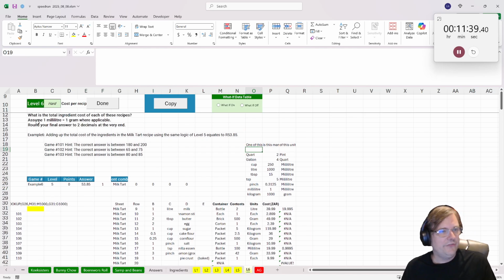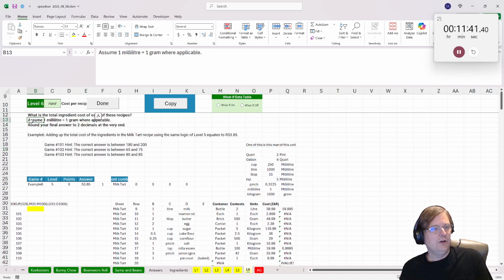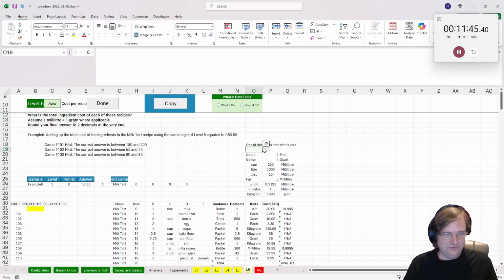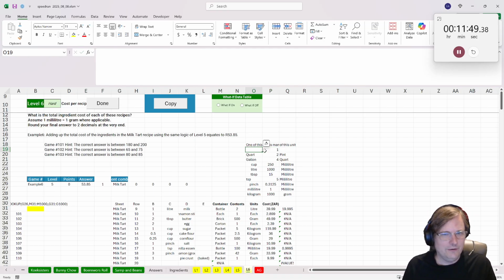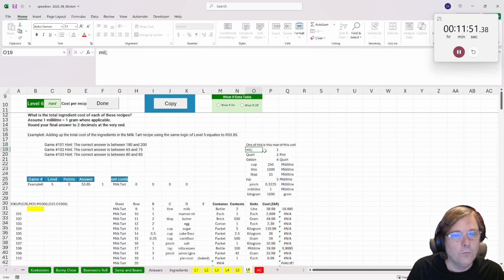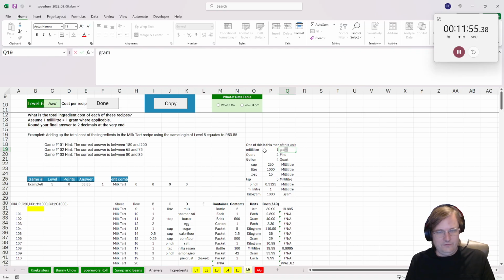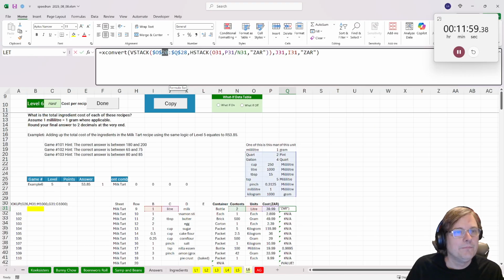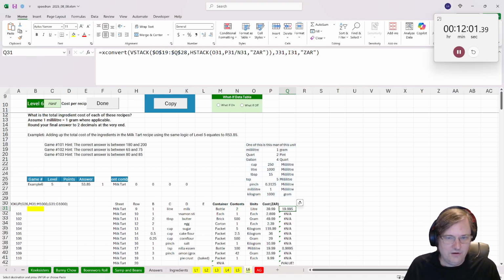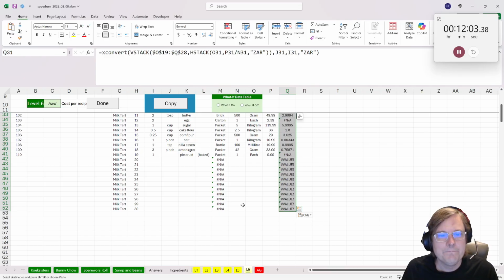This also says that you can assume that 1 milliliter is 1 gram, which is definitely not true in real life unless it's water, but these are close enough to water that we're going to pretend that it is. So 1 milliliter is 1 gram.